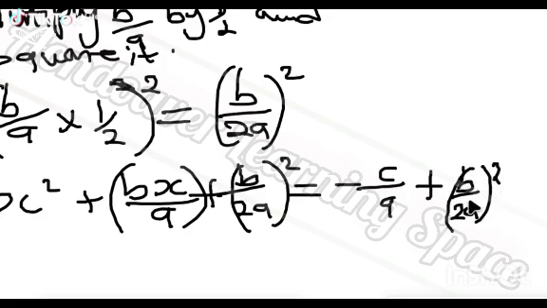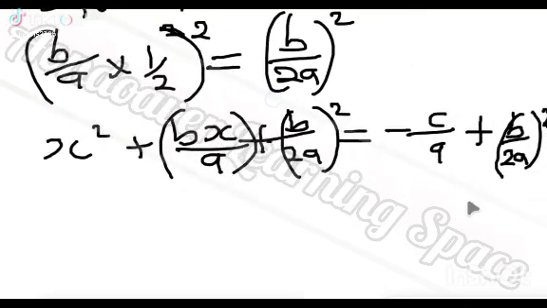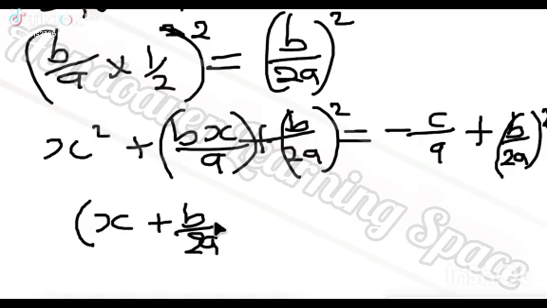So we factorize the left hand side. So in factorizing, we just pick this x, put your bracket, pick this x, then you pick what is inside this bracket, plus b over 2a, and then you give them a square.